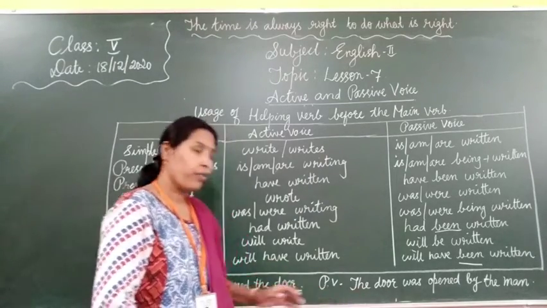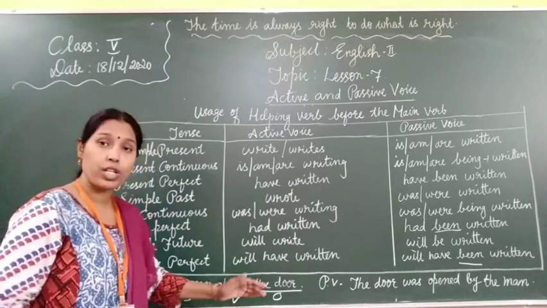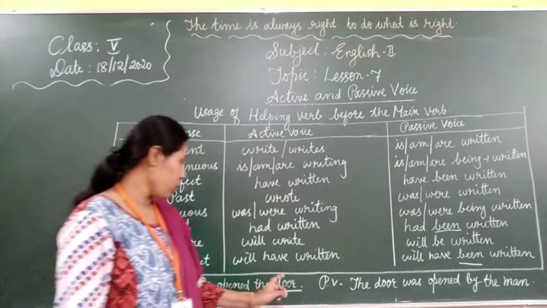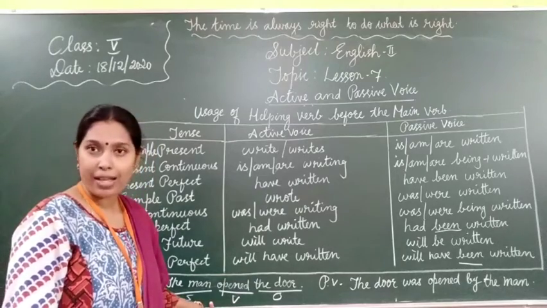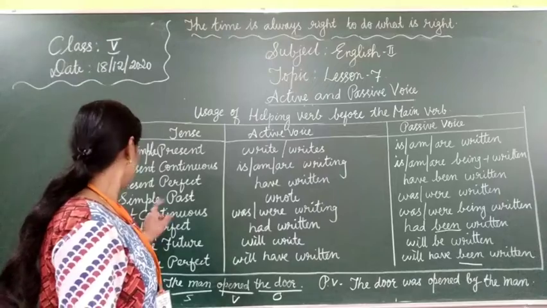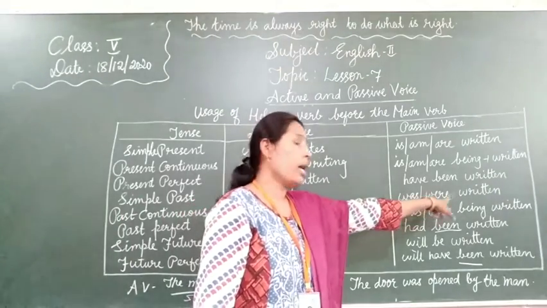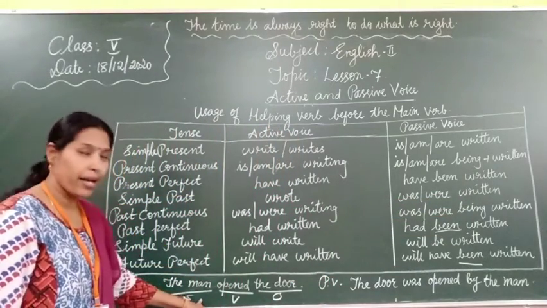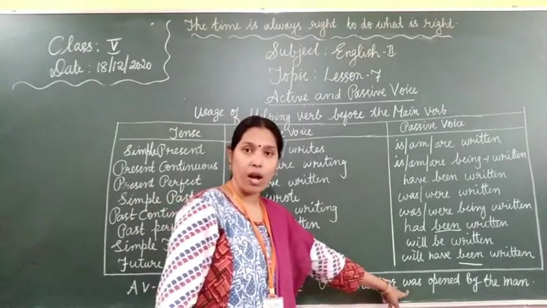Now, when you change or convert into passive voice, it is just reverse. The object will come as subject. So how will we write? The door. It is given in simple past tense, right? So how will we use the helping verb? Simple past tense given means we have to use was or were plus V3, right? So here the man is singular, so we have to use the helping verb was.